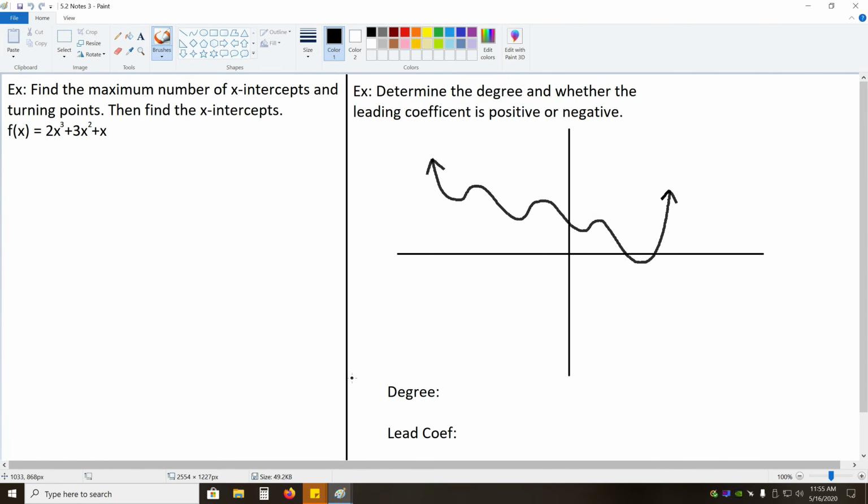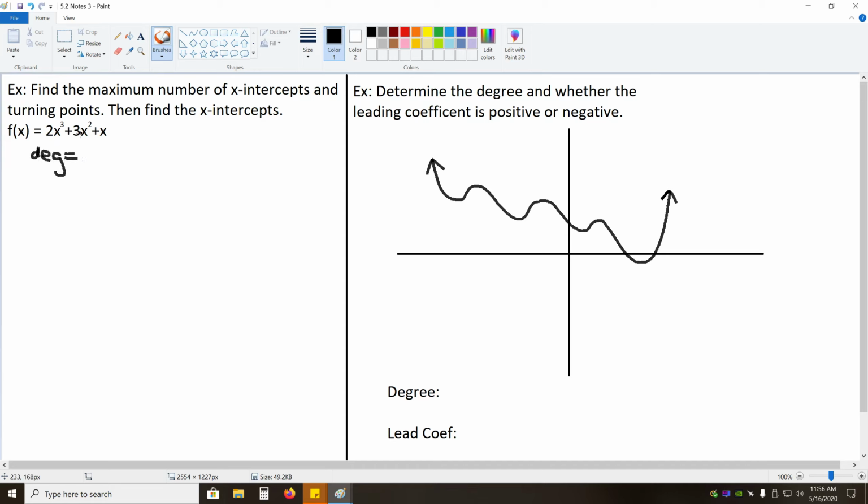Okay, so from there, we want to find the maximum number of x-intercepts and turning points, then find the x-intercepts given f of x equals 2x to the third plus 3x squared plus x. Alright, so to start off with, we need our degree.